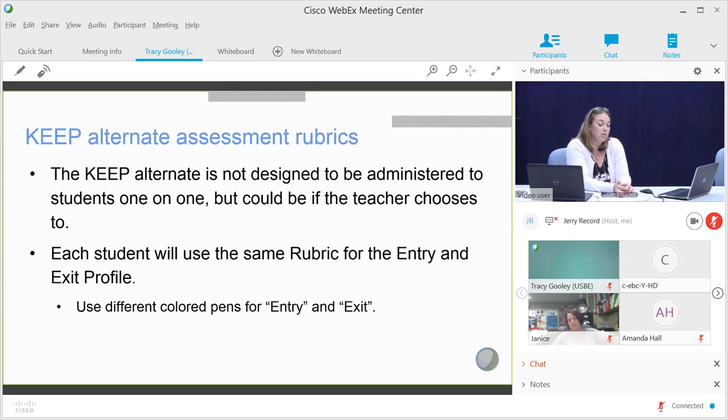So when we go through and we're looking at this rubric and we're looking at these skill sets and we're looking at our kiddos, it is expected that our kids may not be at a proficient or target level on these rubrics at the beginning of the year, right? The expectation would be that these are skills that they're going to learn throughout the school year.